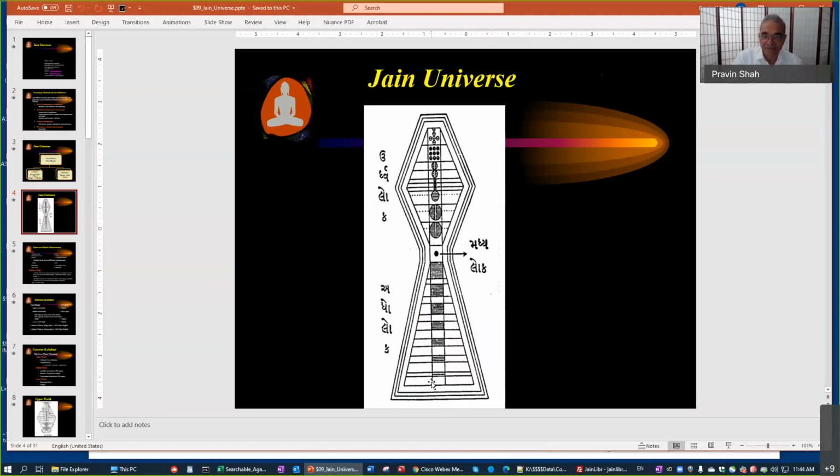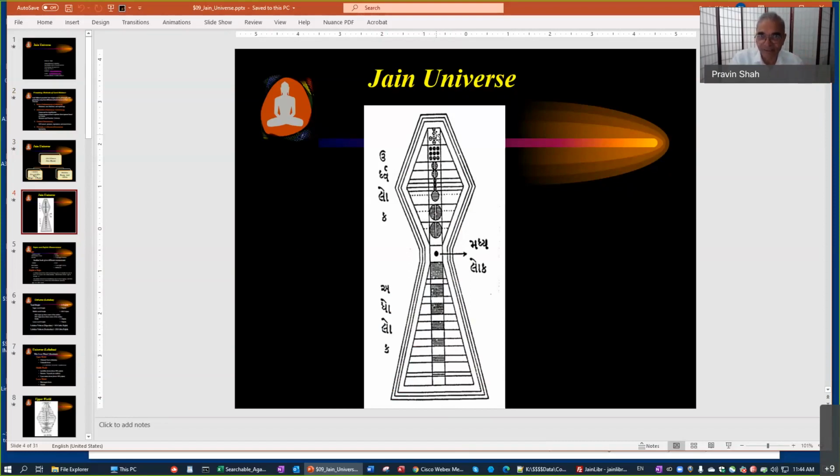Now, right where the arrow is, that's the middle, the middle center. Right above is where Devlok exists, Graivek, Anuttar, and the liberation place. These all exist over here, and we have already discussed that.